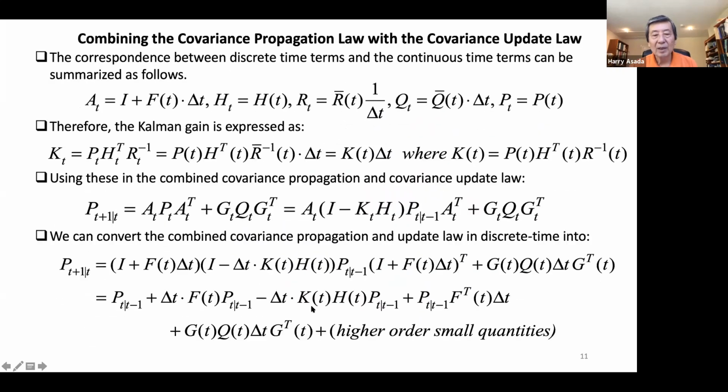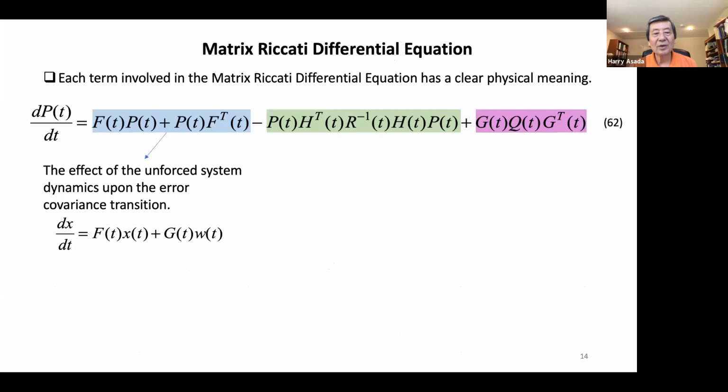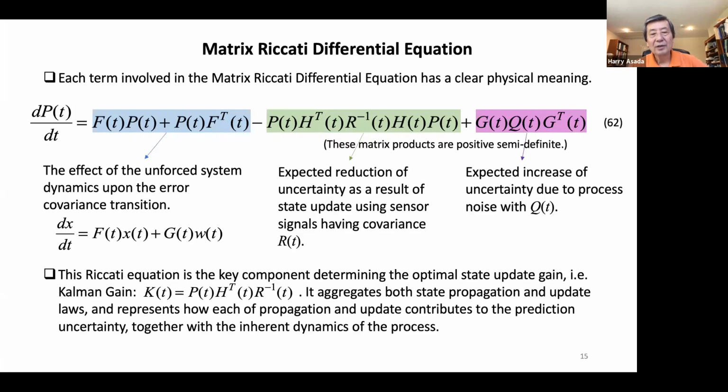With this we consider the physical sense: it is governed by the original plant dynamics and the expected reduction by incorporating new sensor signals. Covariance gets smaller, and process noise increases the covariance.